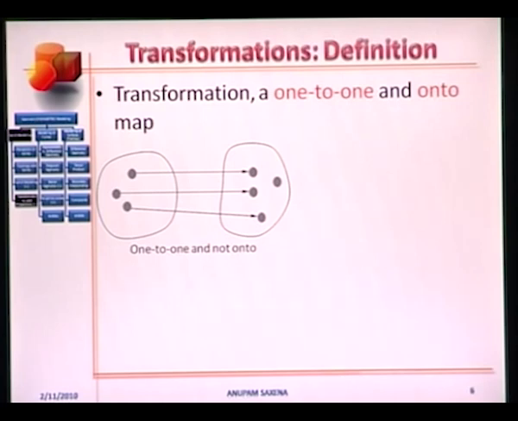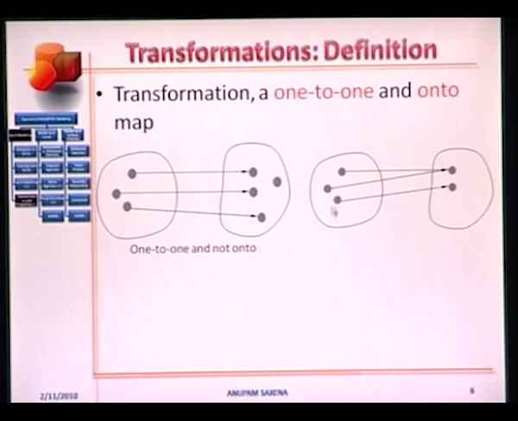Let's try to see what an onto map is. We have a few elements in the domain set, and then we have a few elements in the range set. Notice here that these two elements have a common image, and further, there are no elements in the range which are vacant. Such a function is an onto function and not a one-to-one function, because two elements in the domain have one image over here, for which reason it is not a one-to-one function.